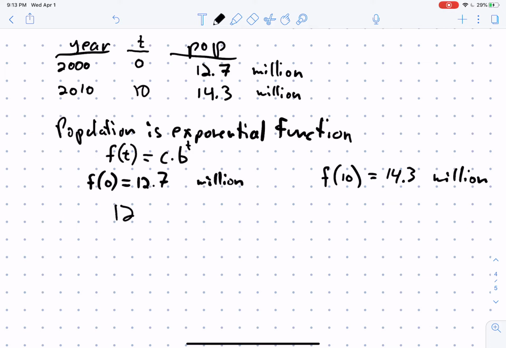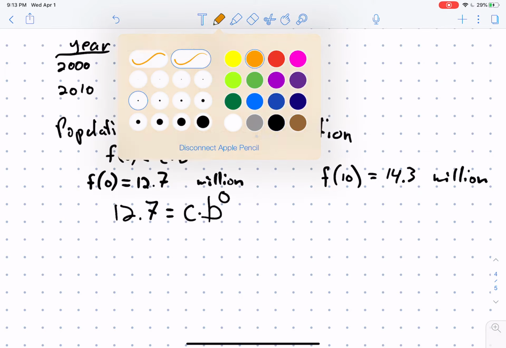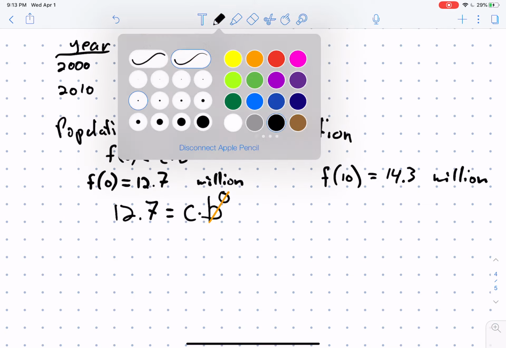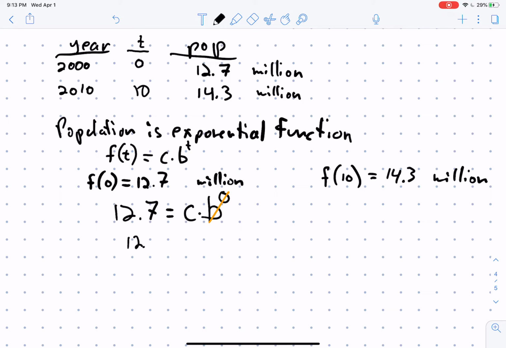So we have that 12.7 is equal to c times b to the 0. Now, the nice thing is that b to the 0 is just equal to 1. And because of this, we get that 12.7 is equal to c.